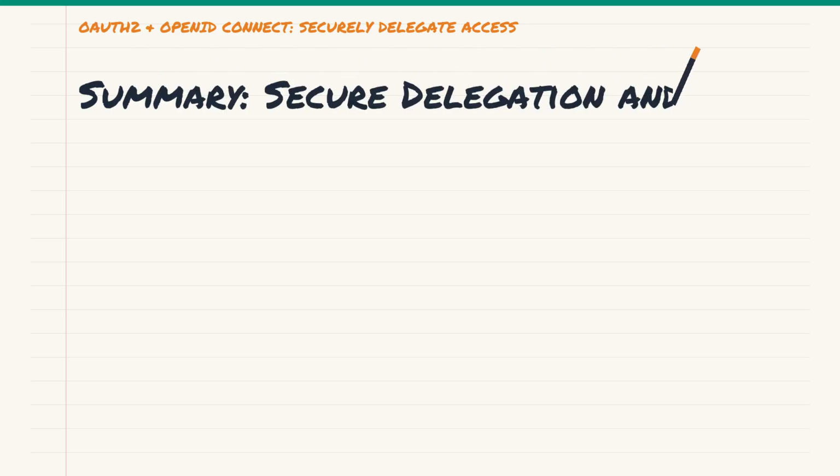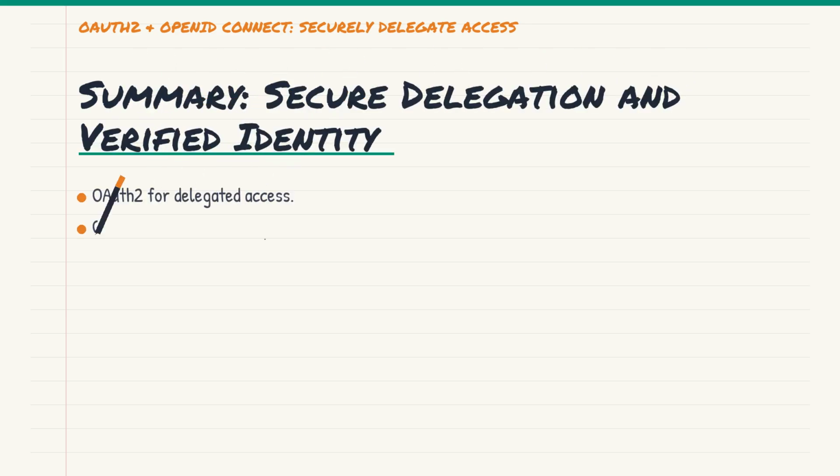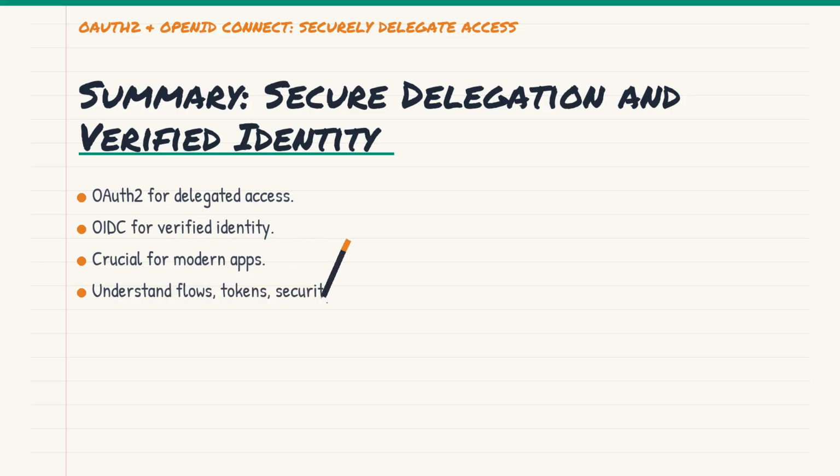So, to wrap it all up, OAuth 2 provides the framework for secure delegated authorization, allowing applications to act on your behalf without holding your primary credentials. It's all about grant types, consent, scopes, and carefully managed tokens. OpenID Connect then layers on top of this to provide verifiable user identity through ID tokens, making sure you know who is accessing what.